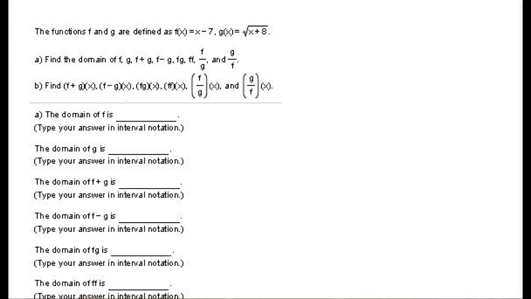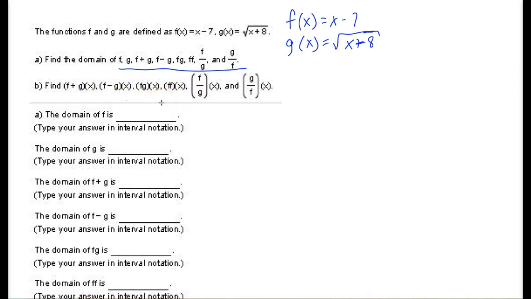All right, so for question 3, this one's kind of long, and I'll rewrite these functions here just in case you can't see them that well. And so we're asked to find the domain of all of these functions, as well as find what those actual functions end up being.